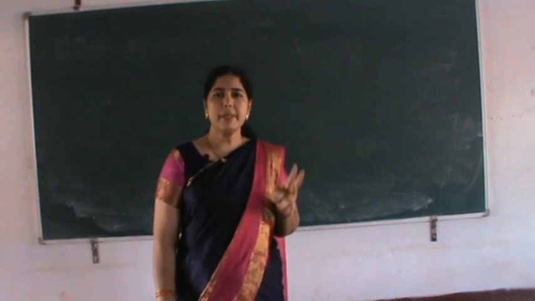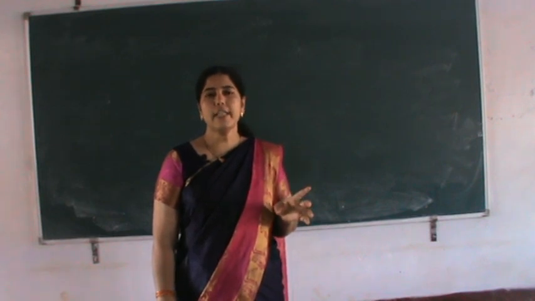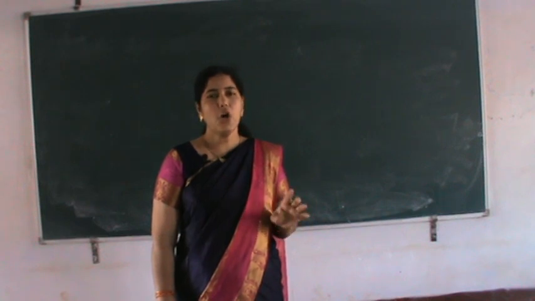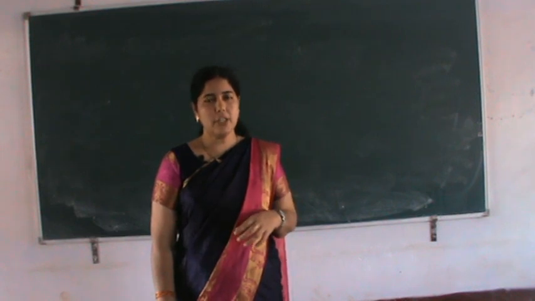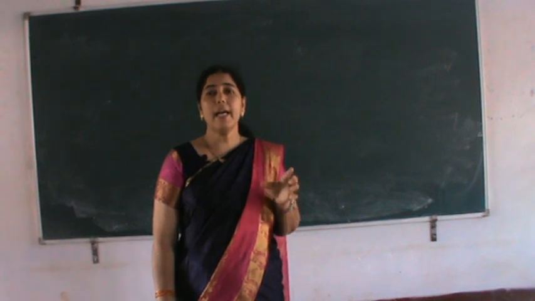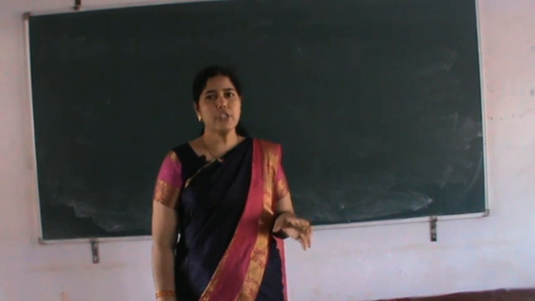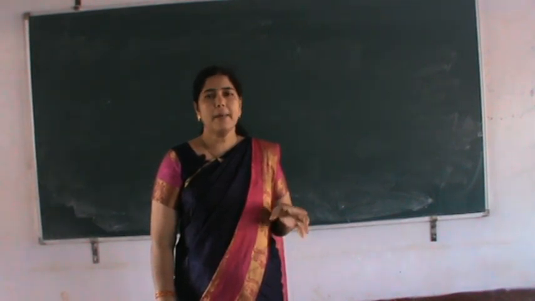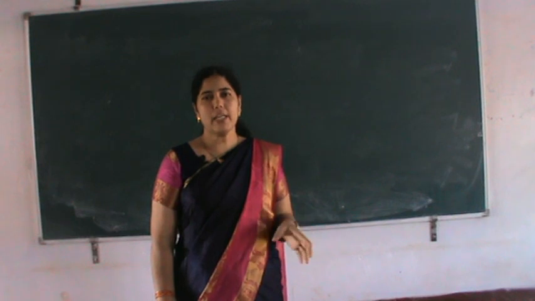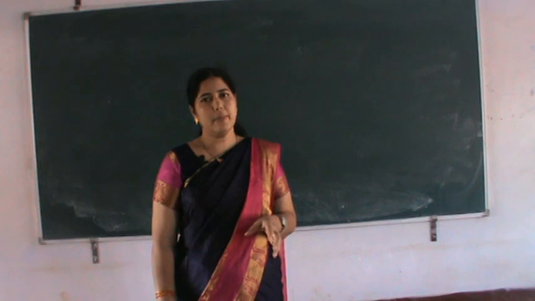There may be three situations. The partner may be withdrawing the amount at the beginning of the month, that is the first of every month, or in the middle of the month, or at the end of the month. If the partner is taking the drawings on the first of every month, the formula to calculate the average period is total period in months plus 1 divided by 2.